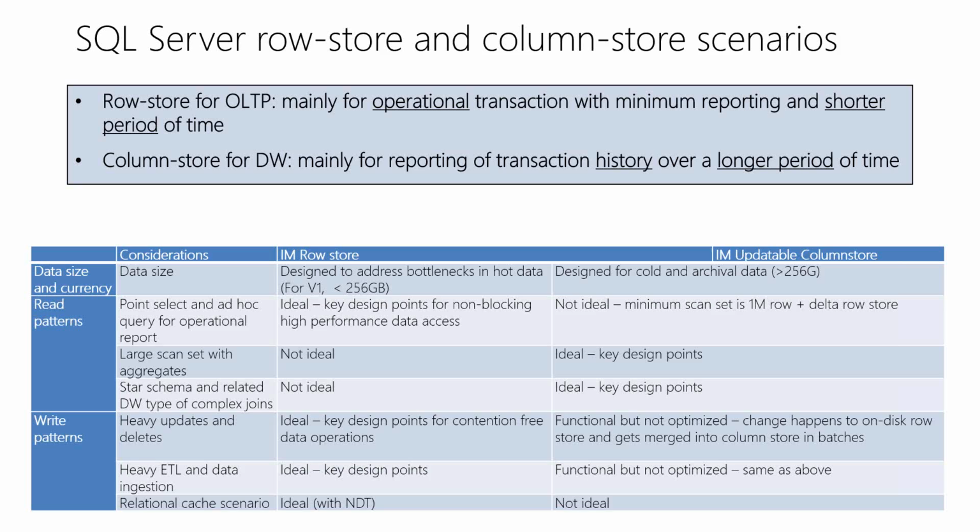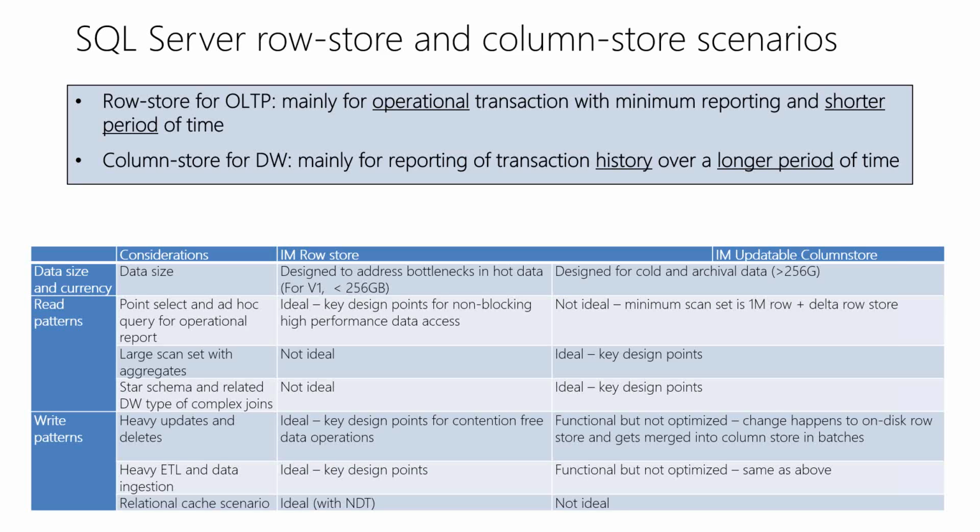Column stores are designed for much larger sets of data. We have updatable column stores on campus here running into tens or hundreds of terabytes, and very happy. Read patterns for in-memory row store ideally are key lookups, non-blocking. That's not a key scenario for column stores.